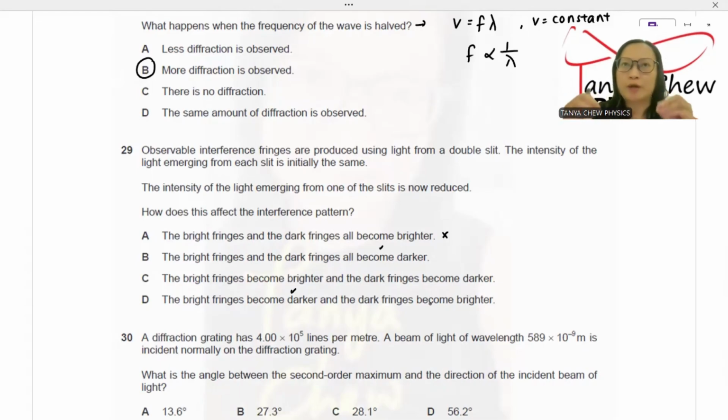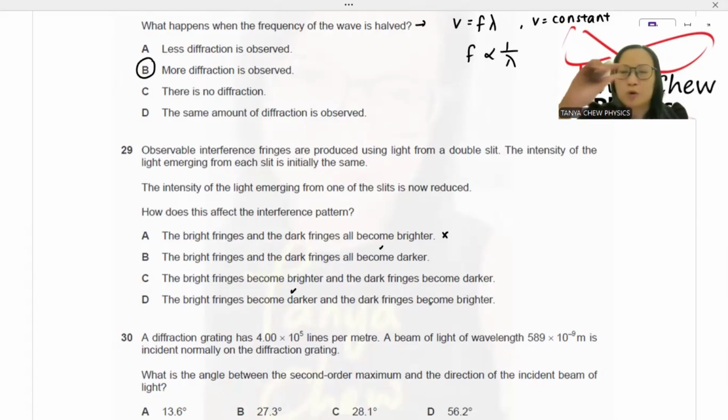Initially when the two sources give destructive interference, that means a crest meets a trough, so you will get 100% darkness. But now, since the intensity of one source is reduced, one of the amplitudes is lower compared to the other.